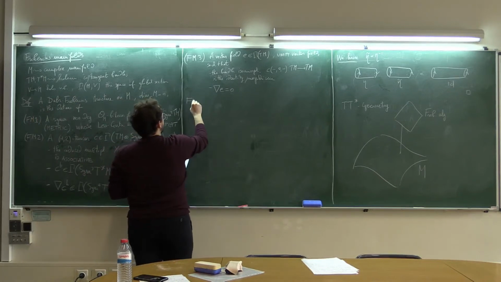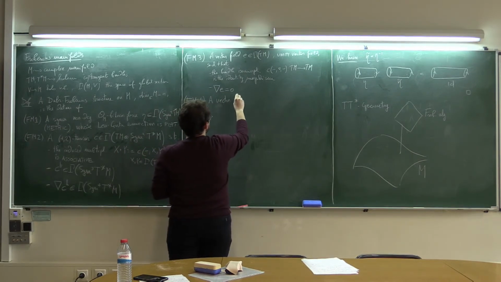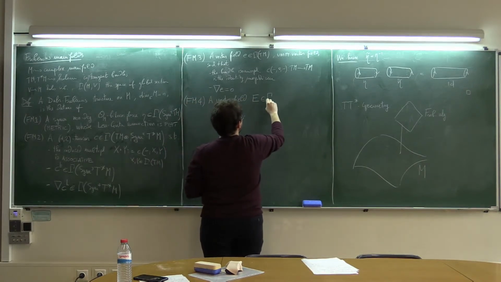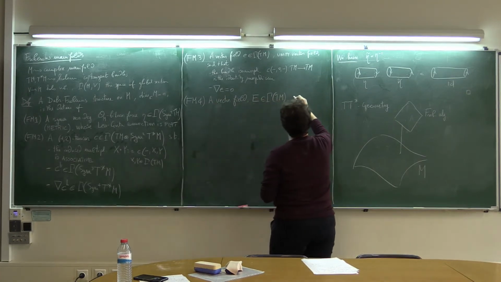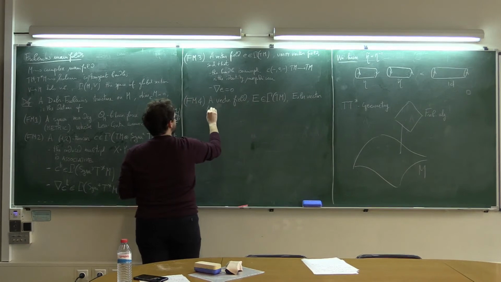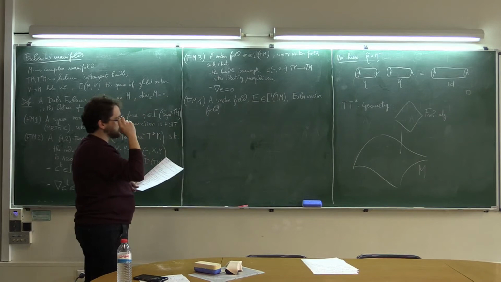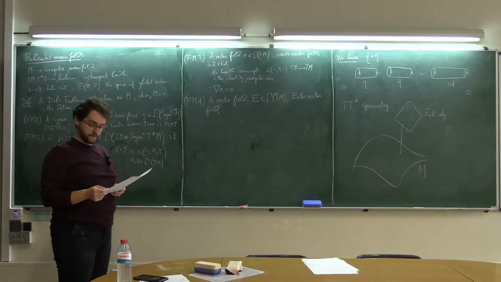And this is the Euler vector field, a section of the tangent bundle, which is assumed to behave particularly well with both the metric and the product.